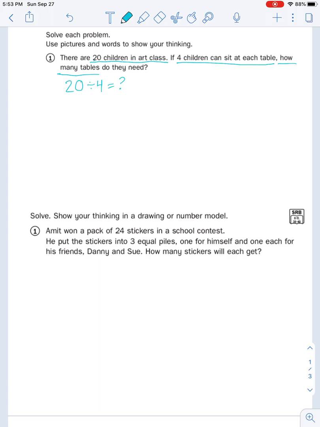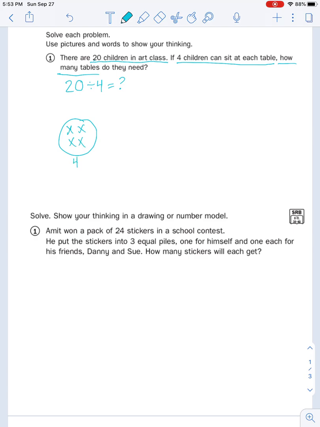Okay, but I don't know how to solve that, so I need to make a picture in order to figure it out. So I know 4 children can sit at a table, but I don't know how many tables to make. What if I just start sitting 4 kids at a table and then see how many I can make until I get up to 20? Let's do that. Okay, so this is 1 table, and we know that 4 people can sit at it.